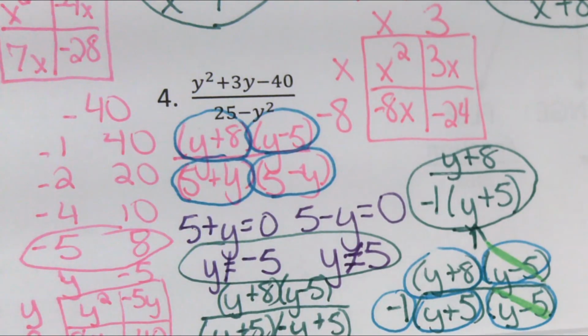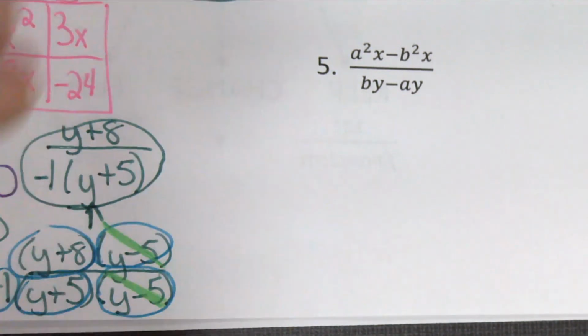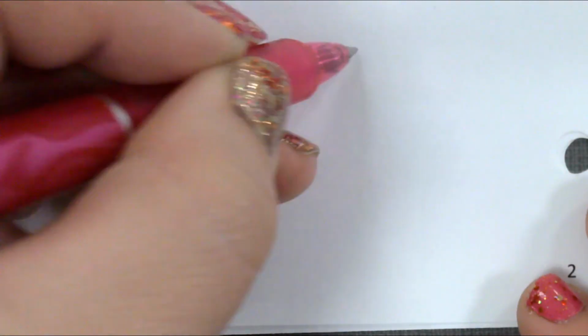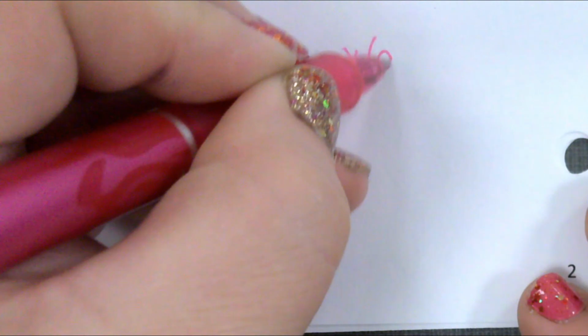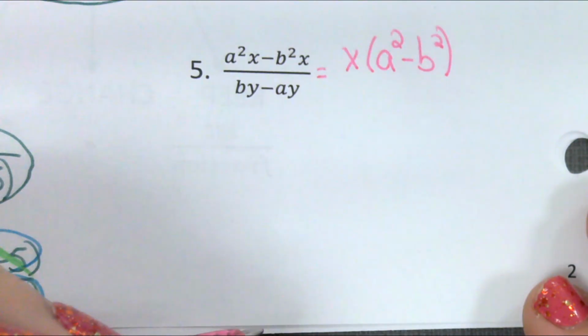Last problem. Again, we're going to need to factor everything that we can. And looking at number 5, the first thing that I notice is I can take a GCF out on top, which leaves me with an x in front and a squared minus b squared. Well, lucky for me, those are two perfect squares with a minus in the middle.